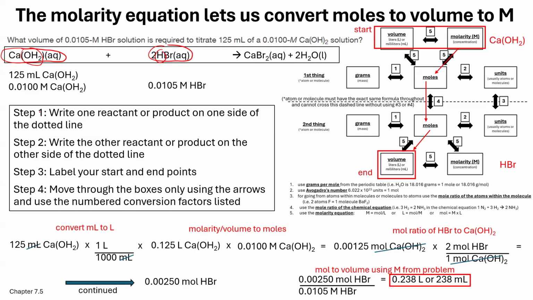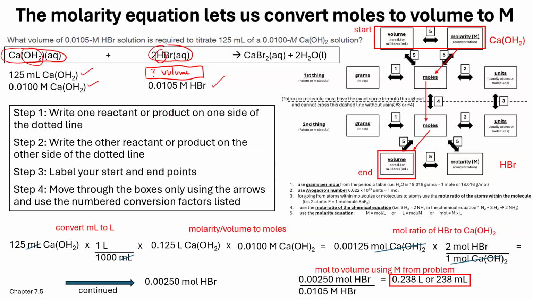They're telling us we have this many milliliters of calcium hydroxide at this concentration. Here they're telling us we have this concentration of acid, but we are supposed to find the volume. Oops, I can't spell volume. We are trying to find the volume.